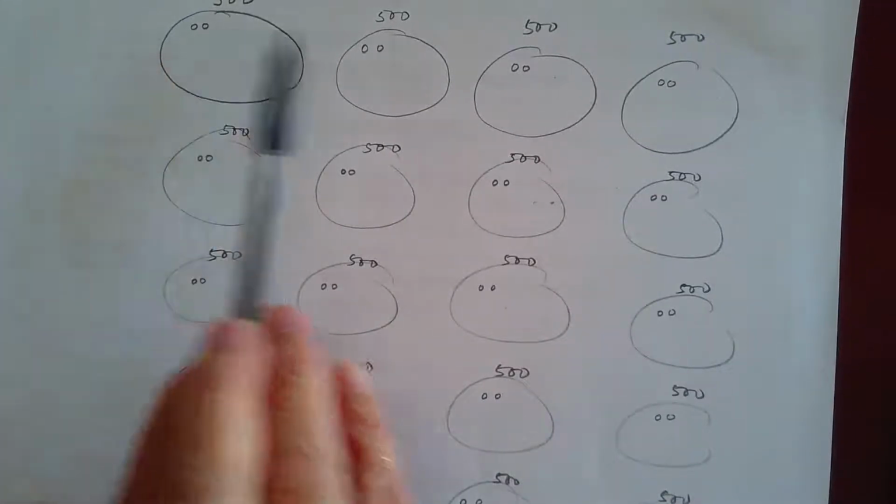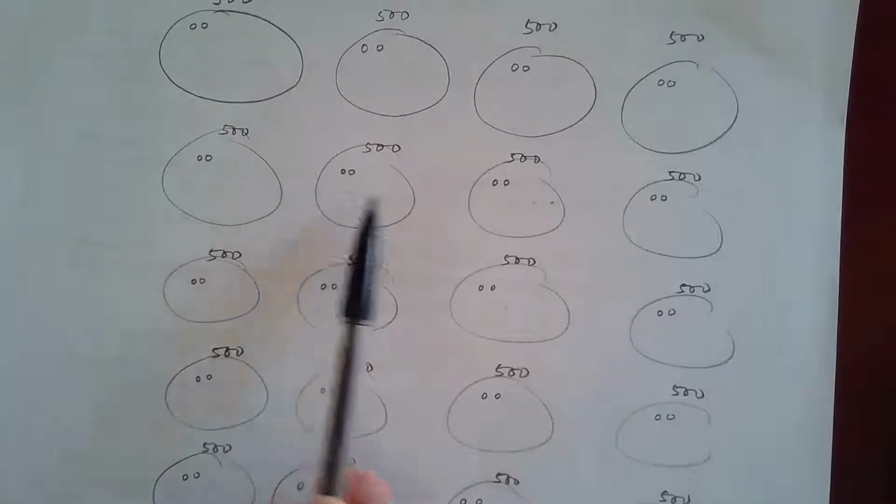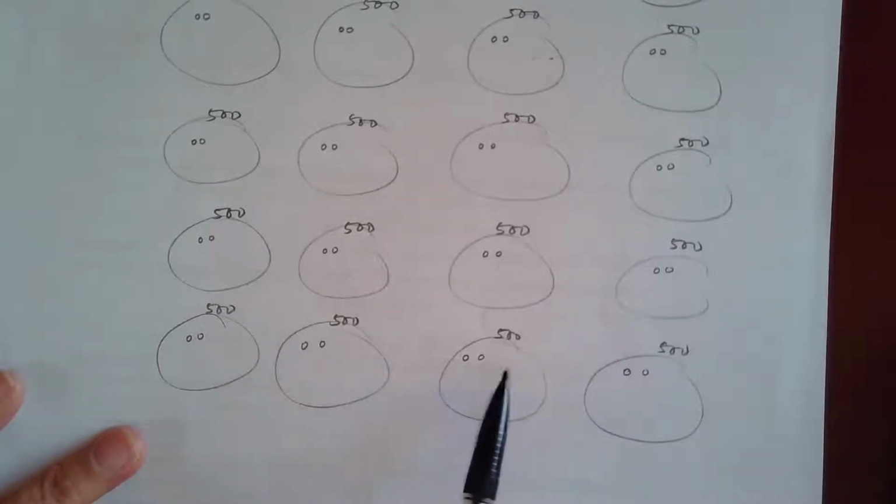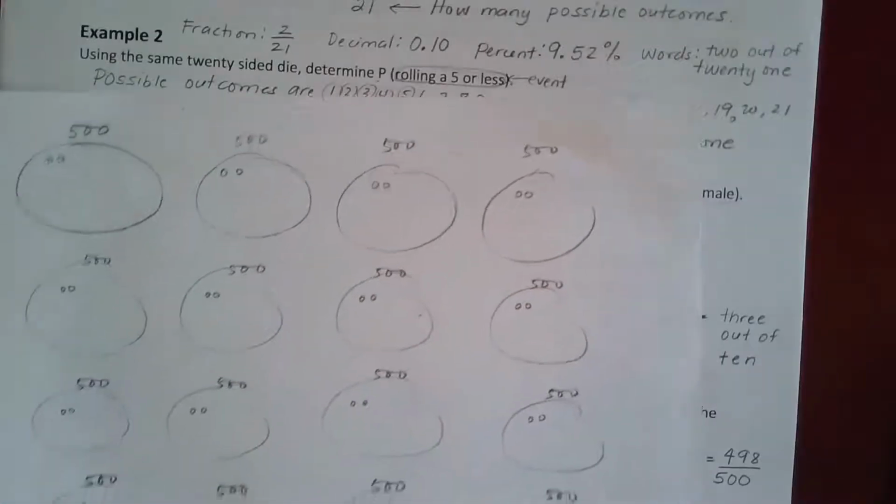If you count 2, 4, 6, 8, 10, 12, 14, 16, 18, 20, 22, 24, 26, 28, 30, 32, 34, 36, 38, 40. So 40 are defective.